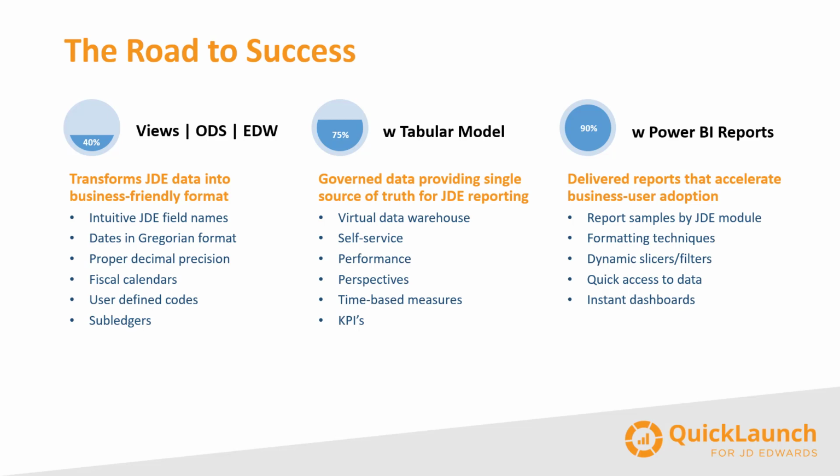The tabular model is where we feel like it's the biggest contributor to your end user adoption and satisfaction and your simplicity for the users, right? Because of all the work, the time-based measures, the KPIs, the relationships already defined, right?